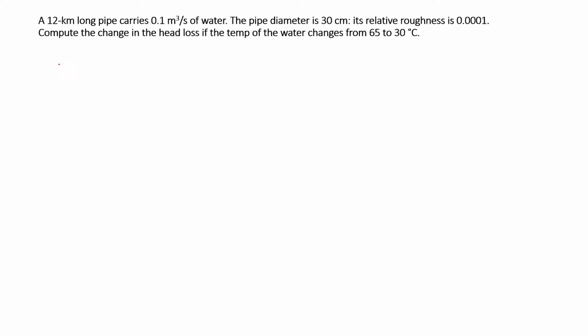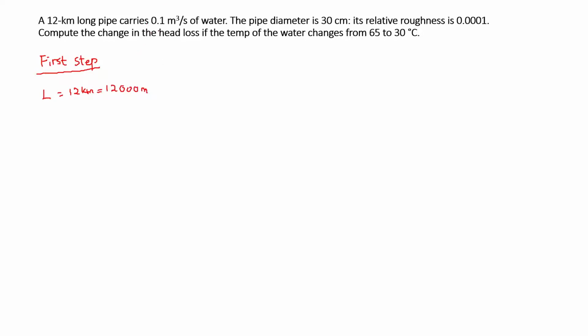Okay, so first of all, the first step will be to identify all the information given. Here this is a 12-kilometer long pipe, so this is L. L is equal to 12 kilometer, which is also equal to 12,000 meter.